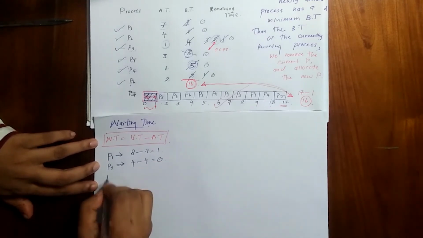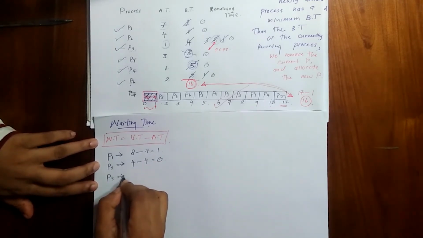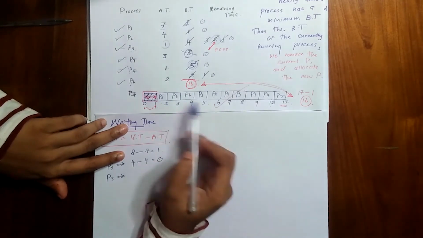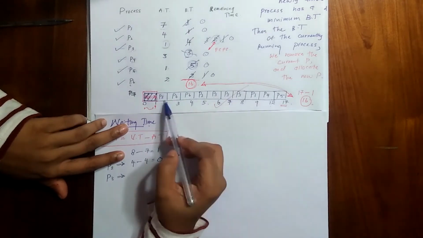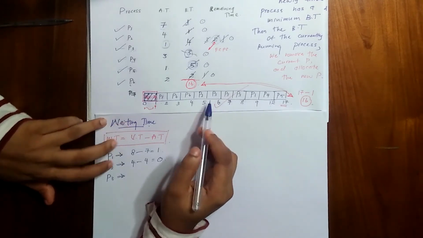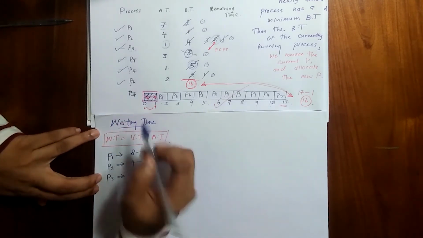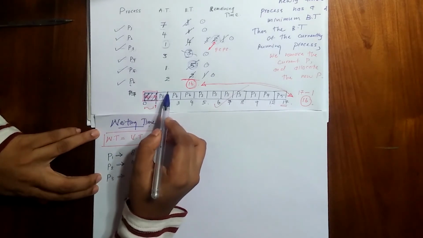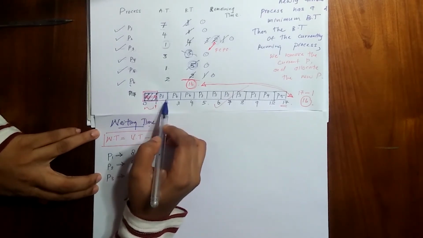And then P3 is there in the Gantt chart 4 times. So what happens then? Let's move to the first part of P3.